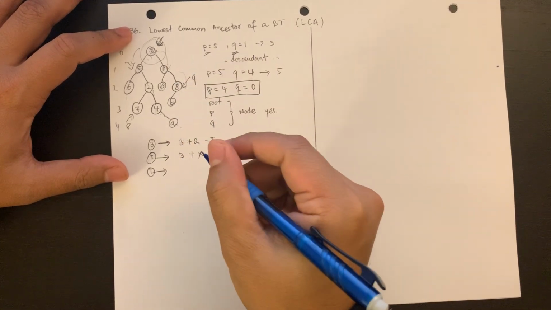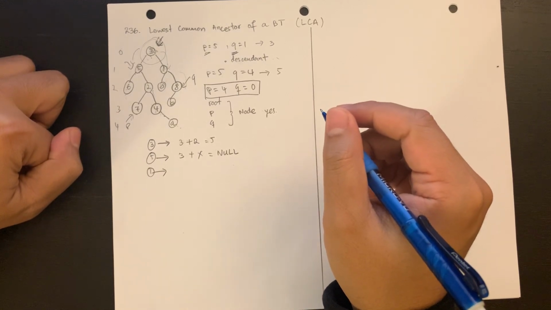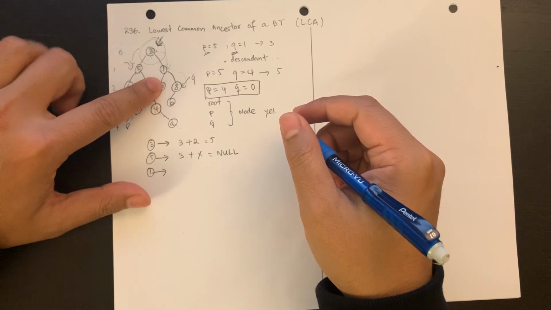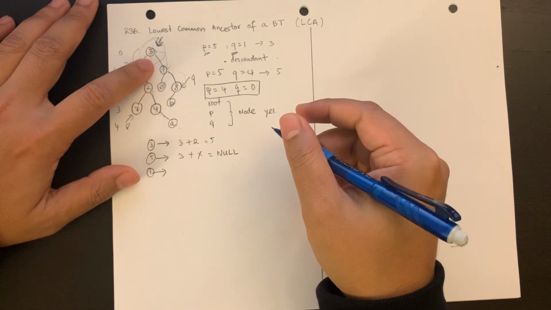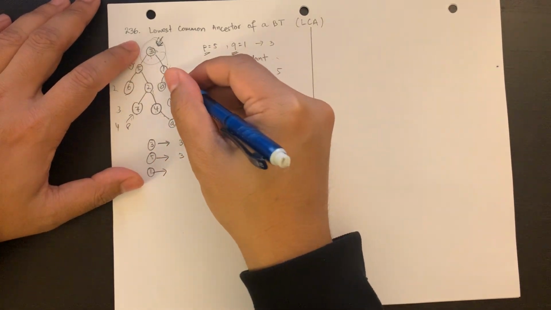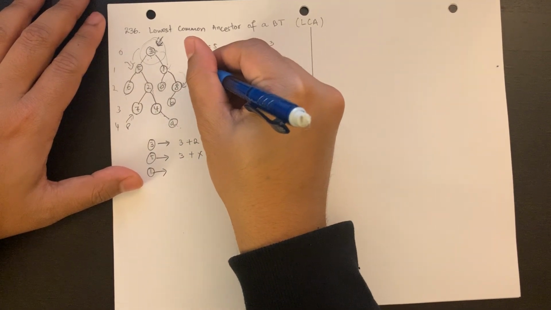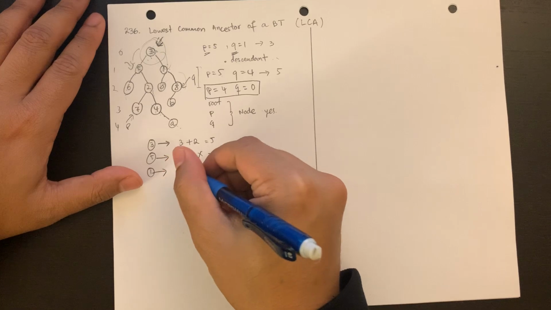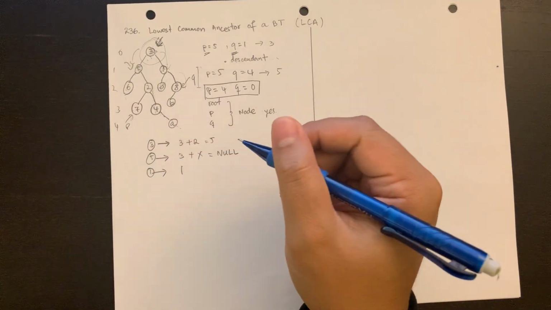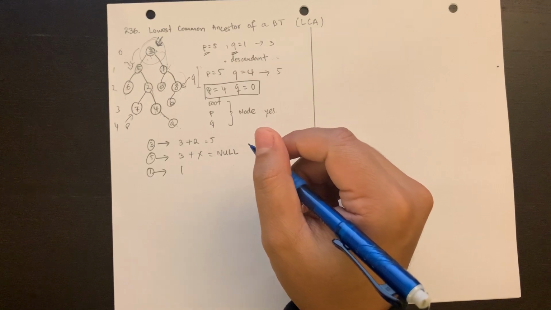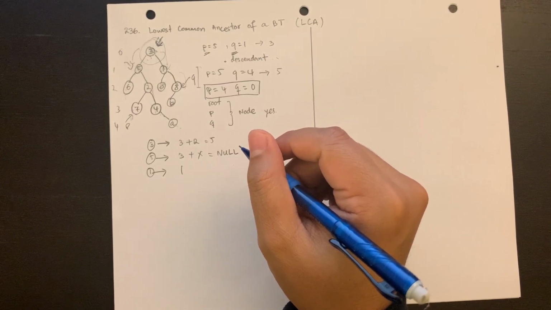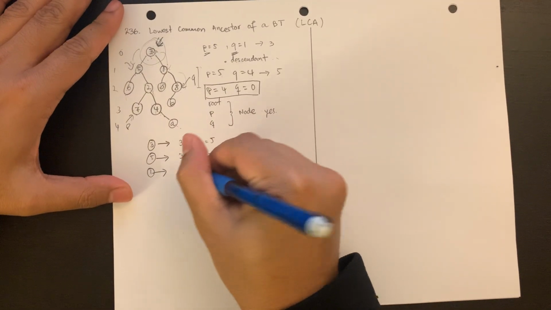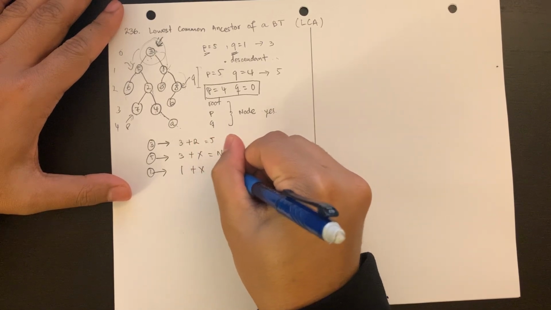And we traverse 1, and then we see that we found 0, right? So it takes just 1 step. And then we plus nothing, so it's null.